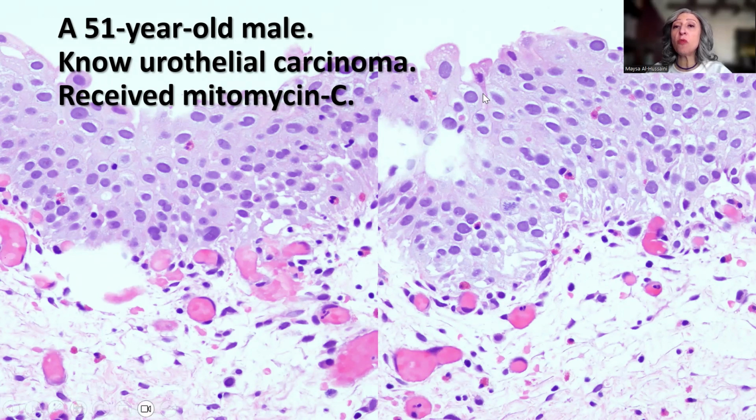There is loss of polarity, where some of the nuclei change their position while the cells are reaching into the surface epithelium, into the umbrella cell layer. There is some variation in the nuclear sizes and shape, as well as mitotic figures here and there. But mind please the presence of eosinophils scattered along the different layers of the urothelium.